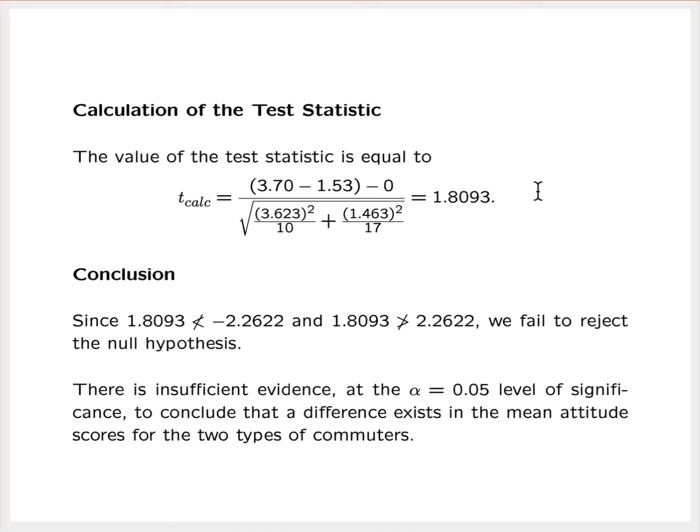All right, now we take these sample summary statistics that have been given, we plug them into the formula for the test statistic, and we find that t-calc is equal to 1.8093.